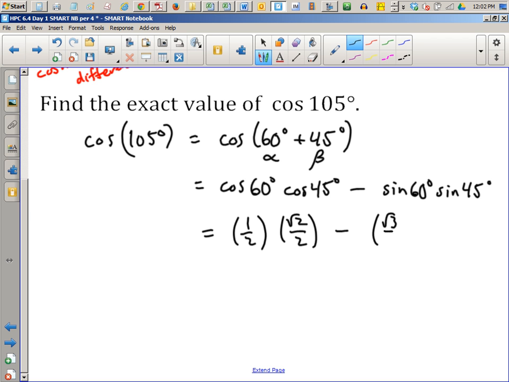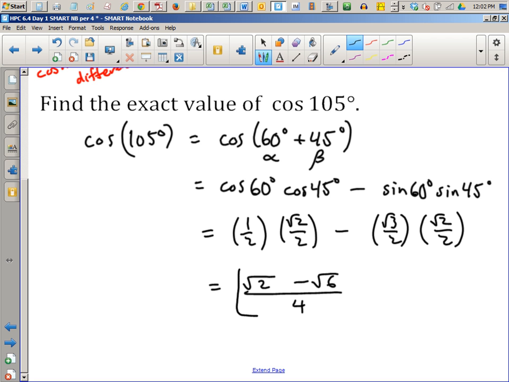And this is root 3 over 2, and this is root 2 over 2. So in the end, we get root 2 minus root 6 all over 4. Not quite obvious, you know. It's not like you would think to do that. But this is how it works. You do cos cos minus sine sine to get the cosine of a sum.